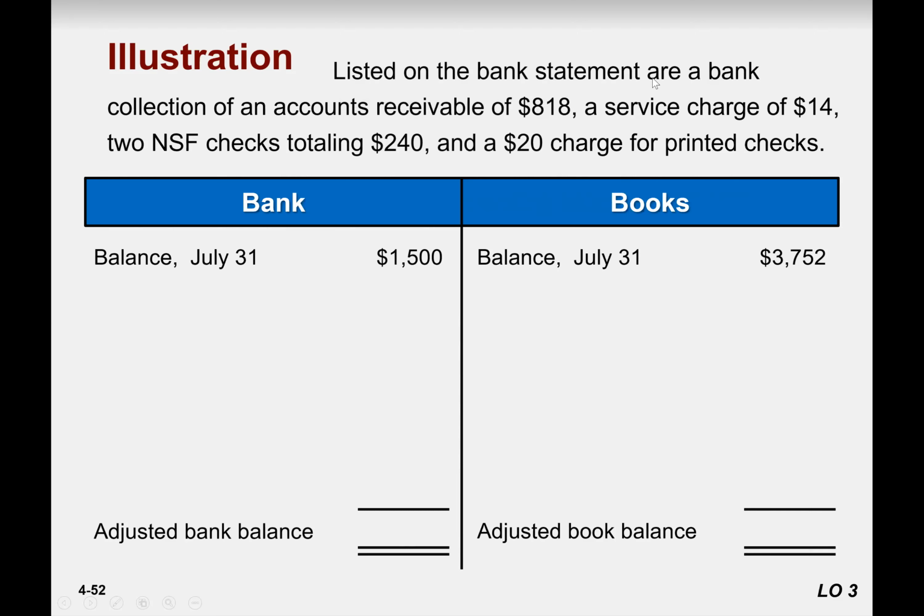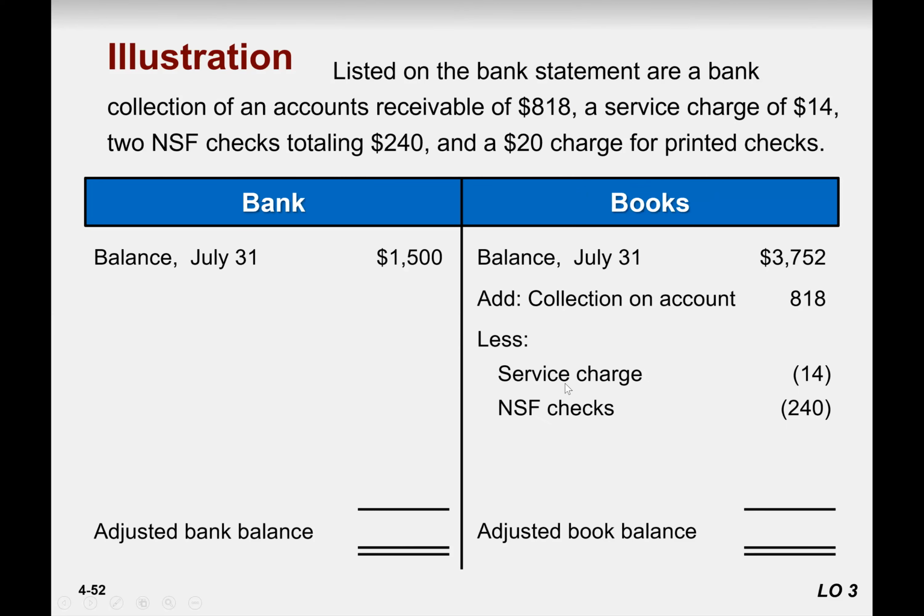Listed on the bank statement are bank collection on accounts receivable 818, service charges 14, 2 NSF checks totaled to 40, and 20 charges for printing the checks. Here we go. So we add the collection on account, less all the service charges, NSF check and printed checks cost.